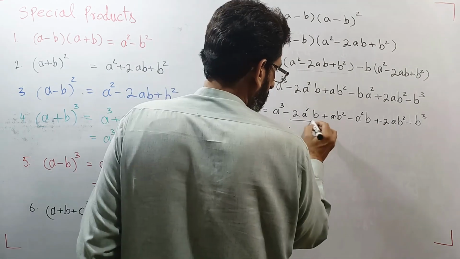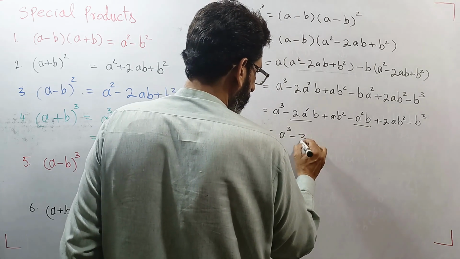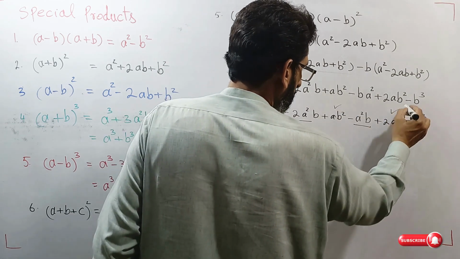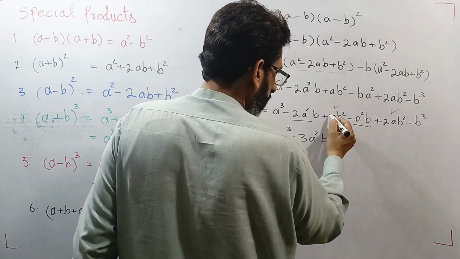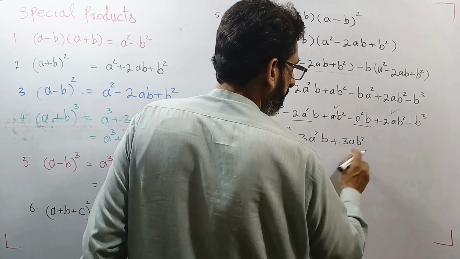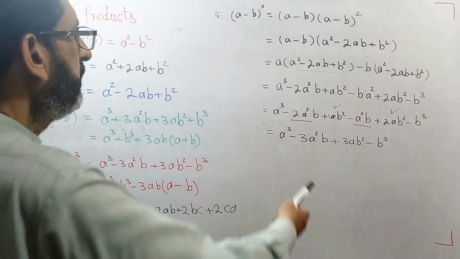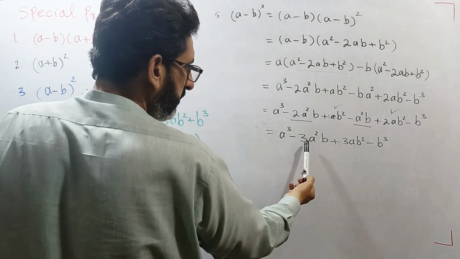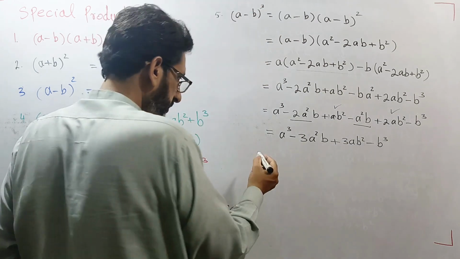A cube, these two are like terms, and we can add them. We get minus 3a square b, and these two are like terms, we can add them, and we get 2 plus 1, 3ab square minus b cube. This is the expansion of a minus b whole cube is equal to a cube minus 3a square b plus 3ab square minus b cube.